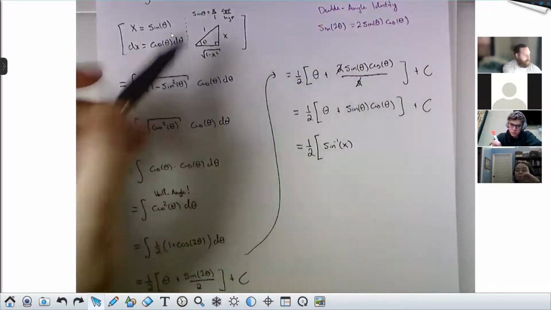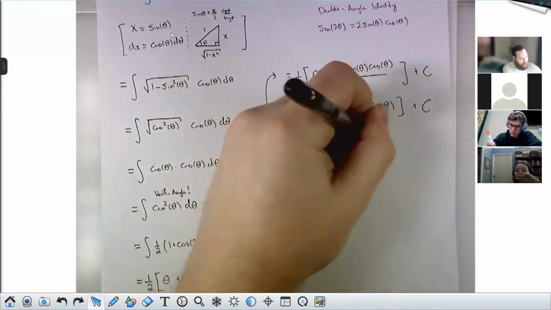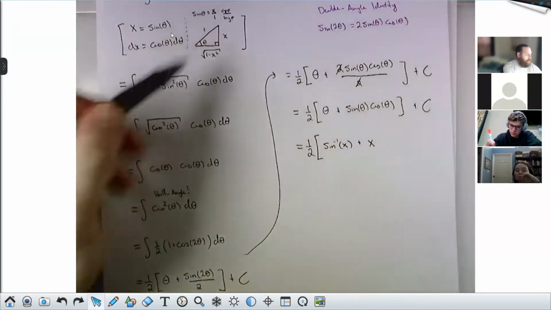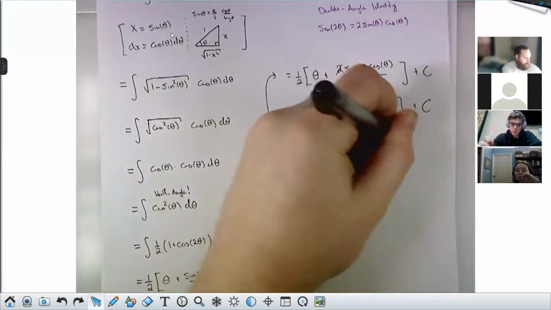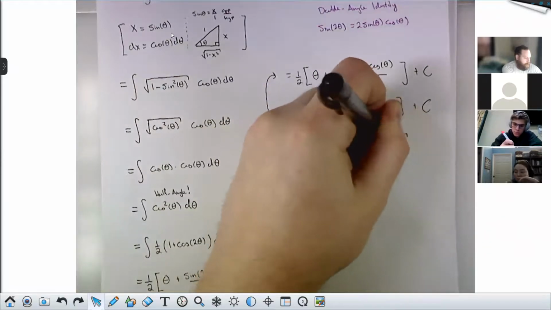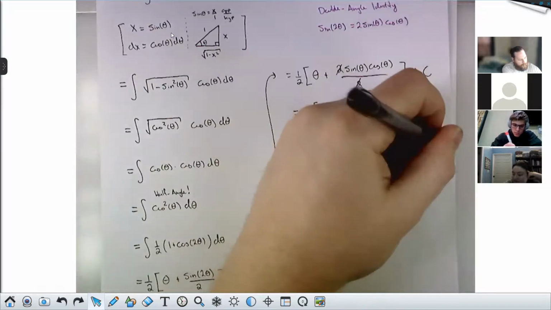Sine of theta is the opposite over the hypotenuse. That's just x. Cosine of theta is the adjacent over the hypotenuse. That's the square root of 1 minus x squared. And now you're done.